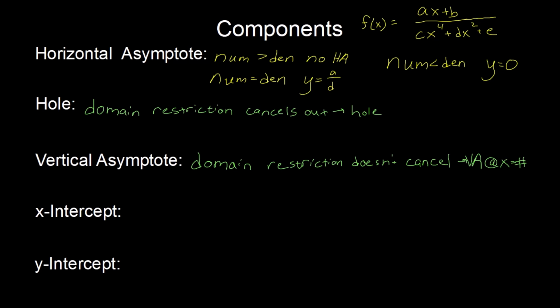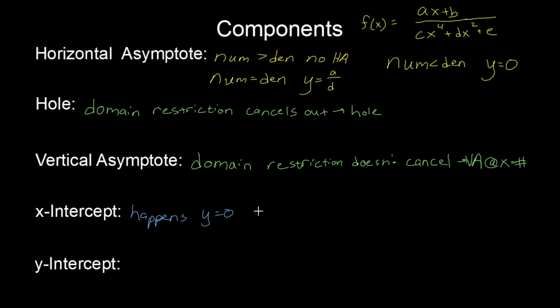The last two things we're going to look at are the x-intercept and y-intercept. This is actually the exact same thing that you saw in your other graphing classes, but the definition that we use to look at what these are is actually going to help us figure out what those are. Your x-intercept happens when y equals 0.